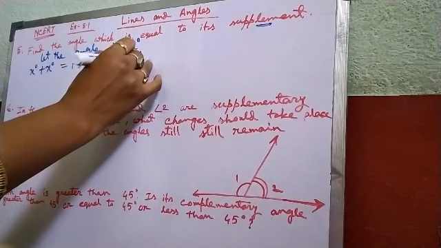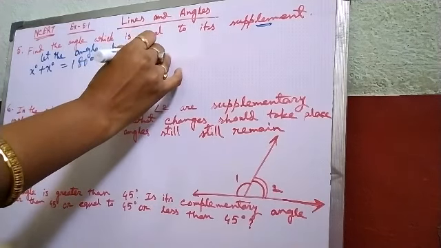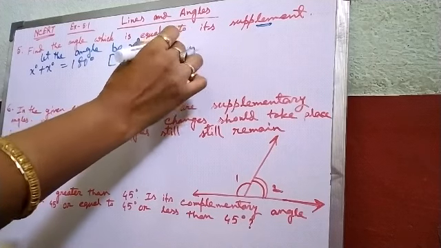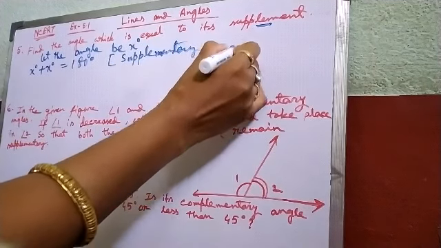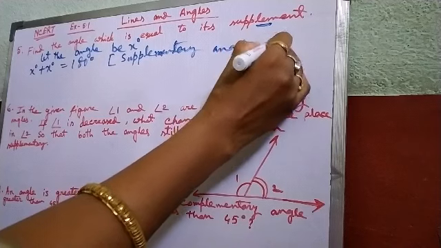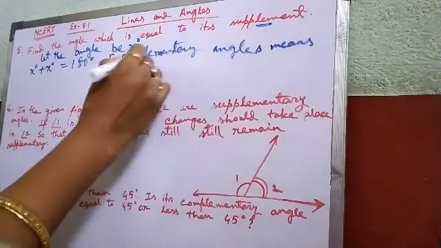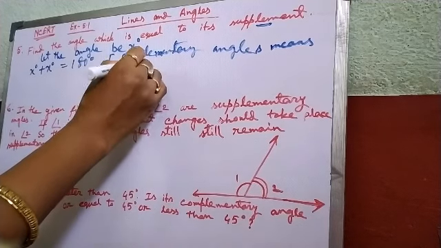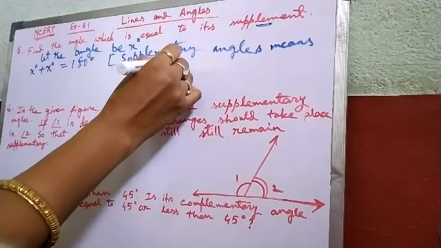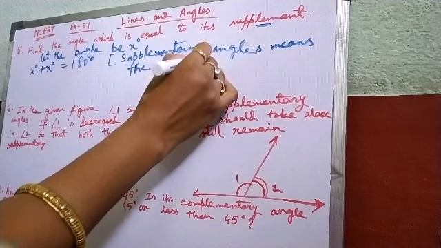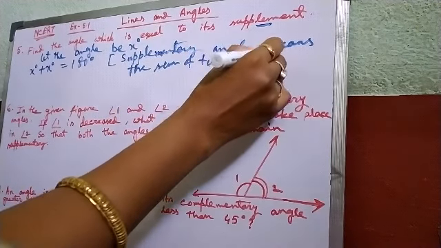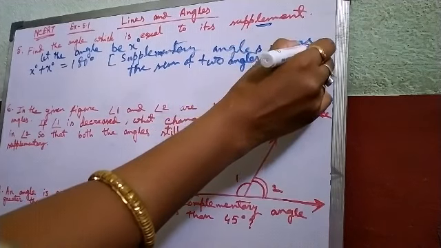supplementary angles means the sum of two angles is 180 degrees.